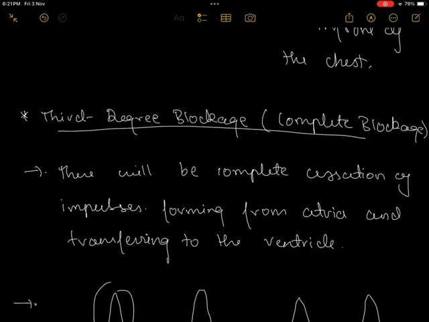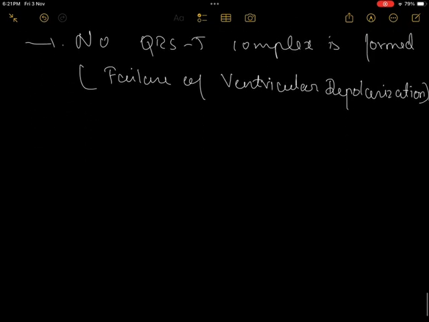How do we classify the three types of blockages in terms of ECG, and how do we classify the second degree blockage in terms of the formation of the QRST complex and the cessation of the P wave or QRST complex.